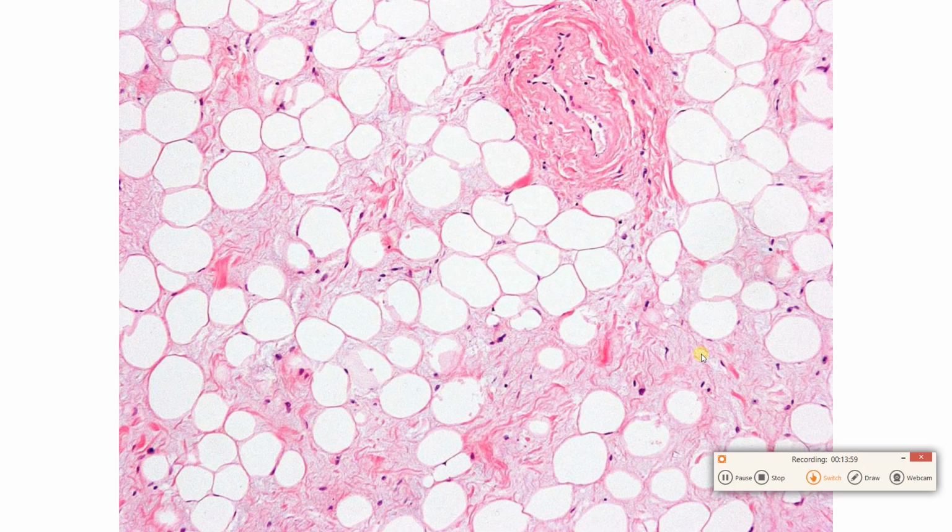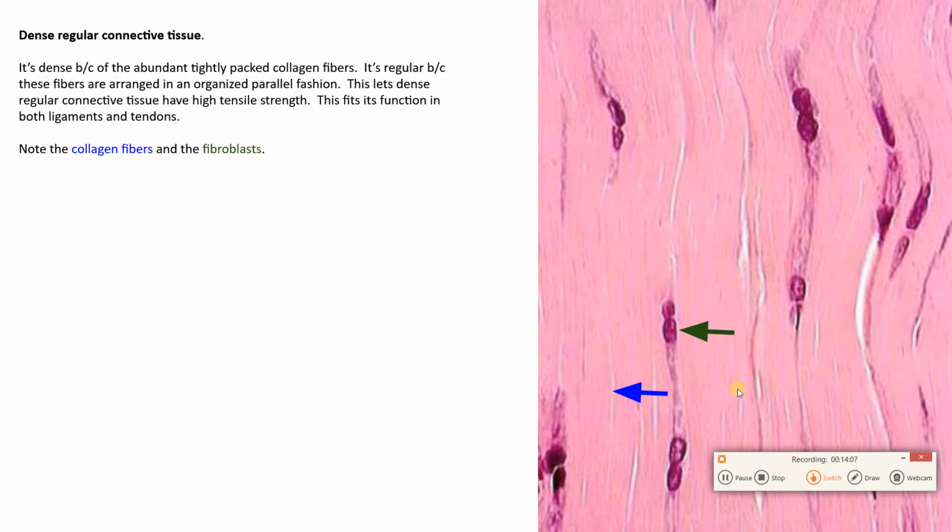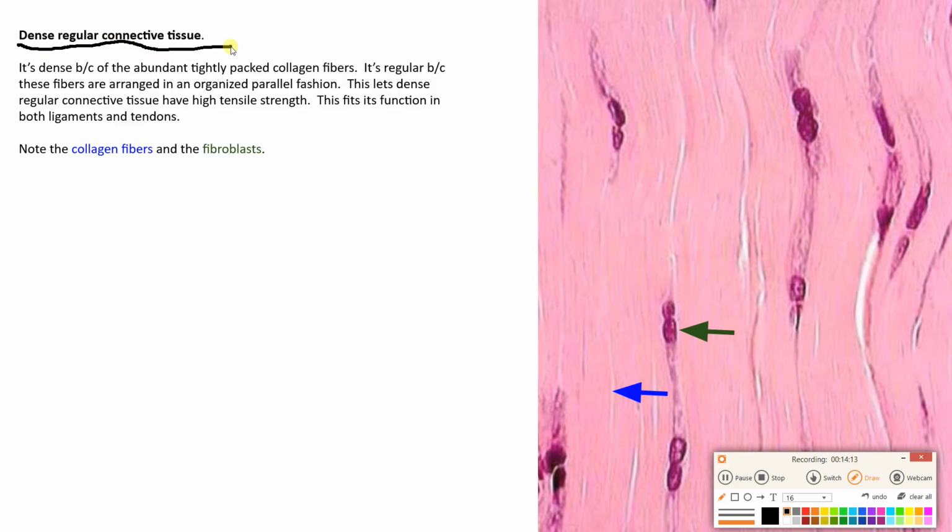We've now done both loose tissues, which means we can do our dense tissues. And our first dense tissue is this tissue called dense regular connective tissue. We use the word dense because the collagen fibers are tightly packed.